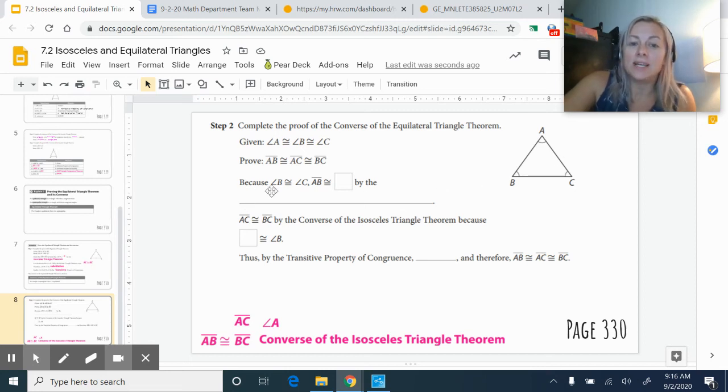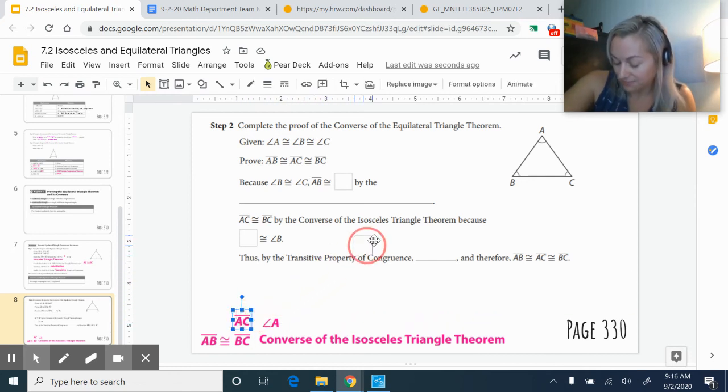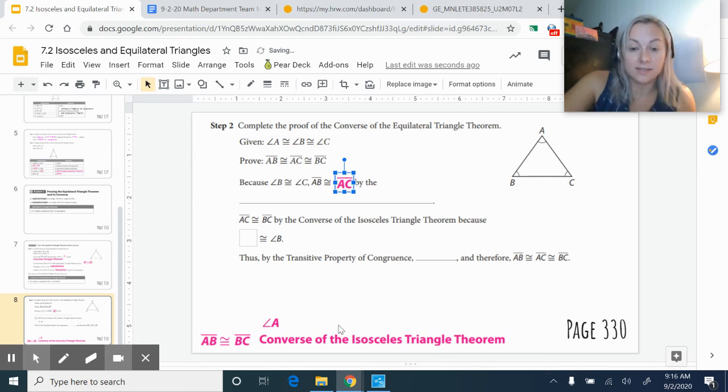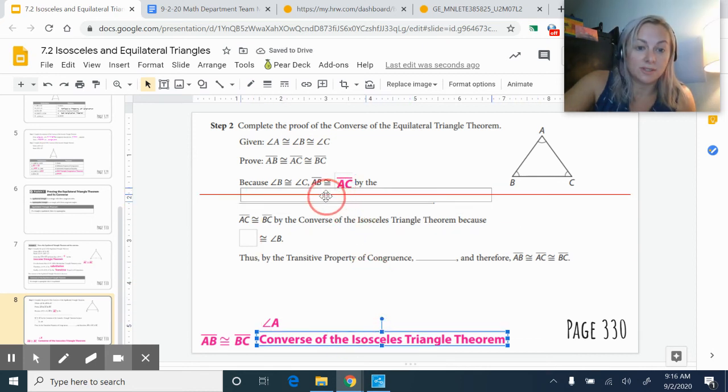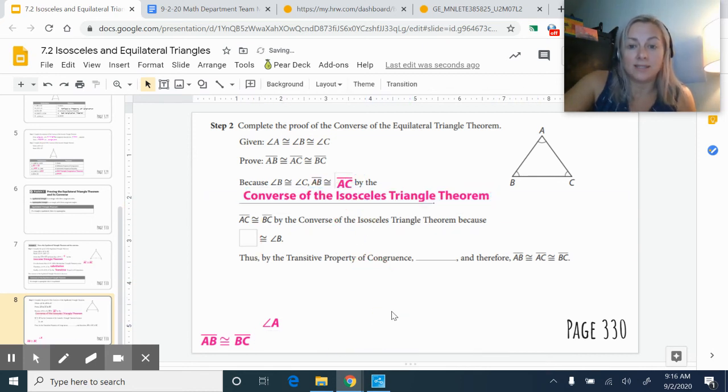So because angle B is congruent to angle C, that means side AB is congruent to side AC. And that's because of the converse of the isosceles triangle theorem.